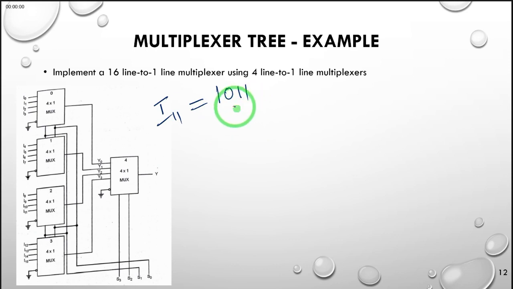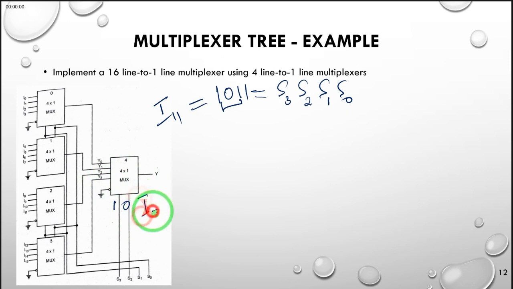Therefore, if that is the code we are going to send to our 4 select lines, S3, S2, S1, and S0, the 2 most significant bits will go to our 5th multiplexer, and here we get a 1, 0. And a 1, 0 selects input line 2, which is Y2. And therefore Y2 is coming from this multiplexer 2.